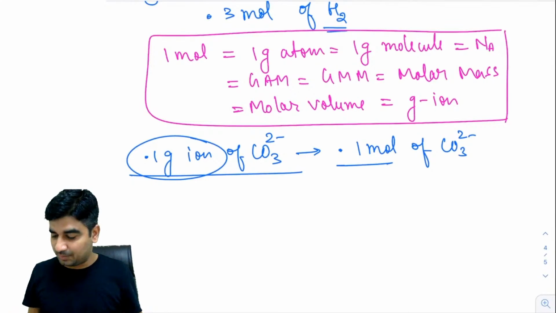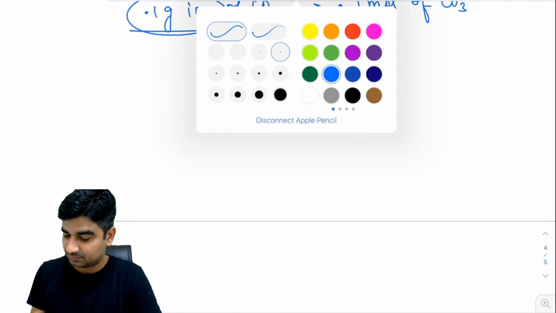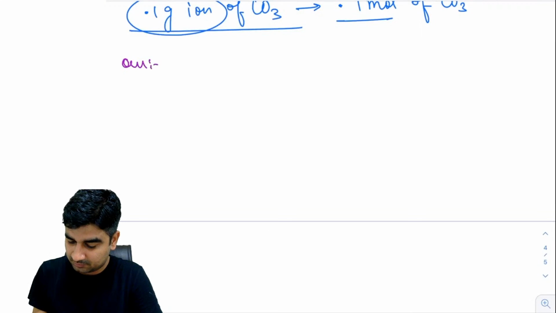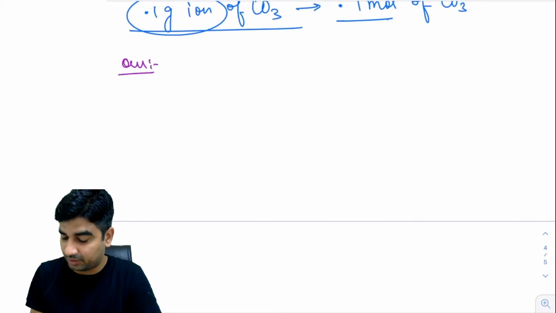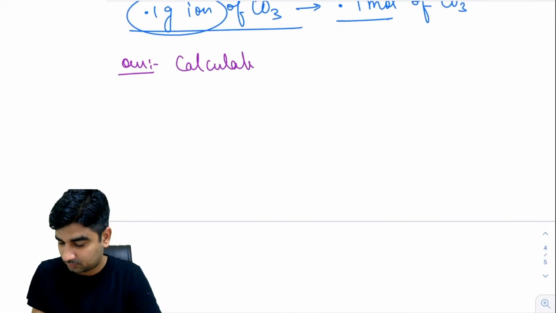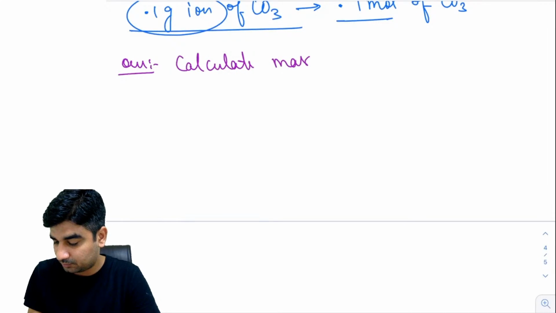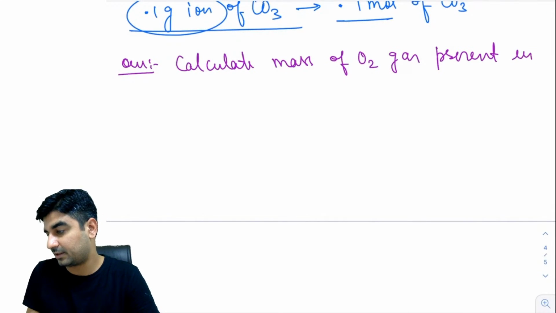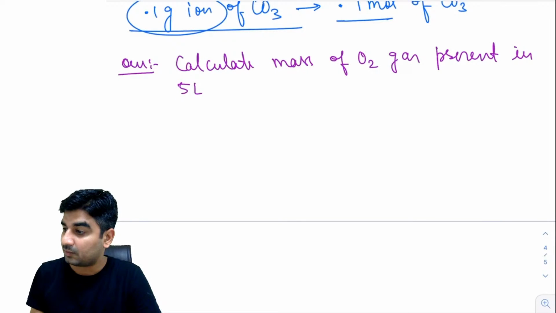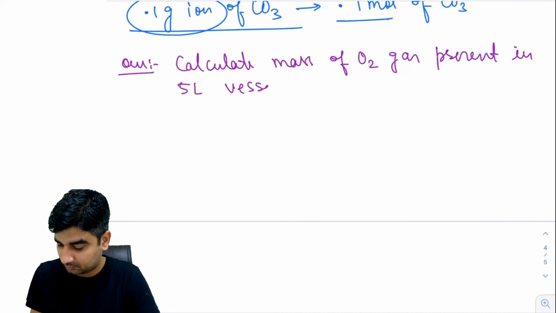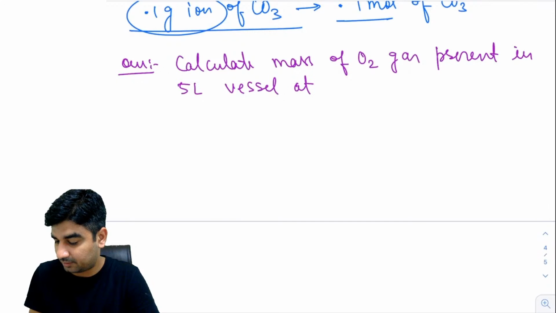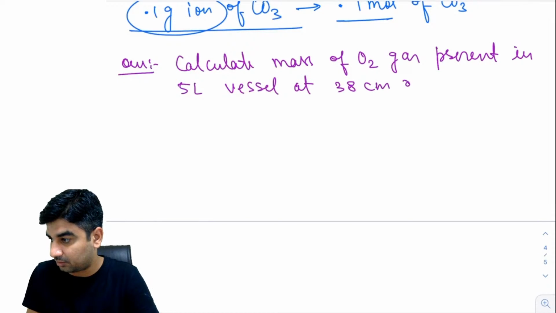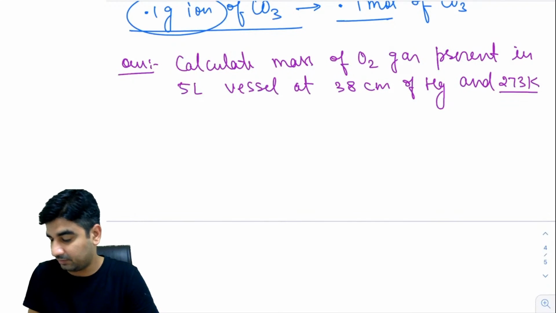So now let's do some practice over here. Solve it. Question: calculate mass of O2 gas present in 5-liter vessel at 38 centimeter of Hg and 273 Kelvin.